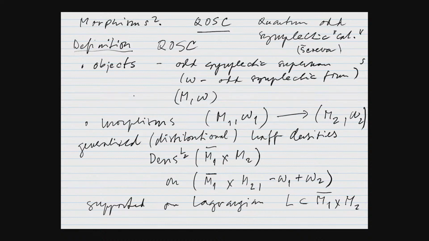Now they are odd symplectic manifolds, and you can just do the Cartesian product, where you take the first one with the minus symplectic form, and you can look into Lagrangian subspaces here. And you would call that a Lagrangian correspondence or a morphism, because there is a way to compose these things, obviously.